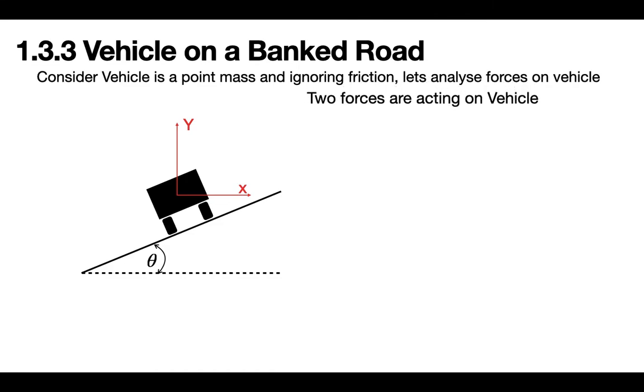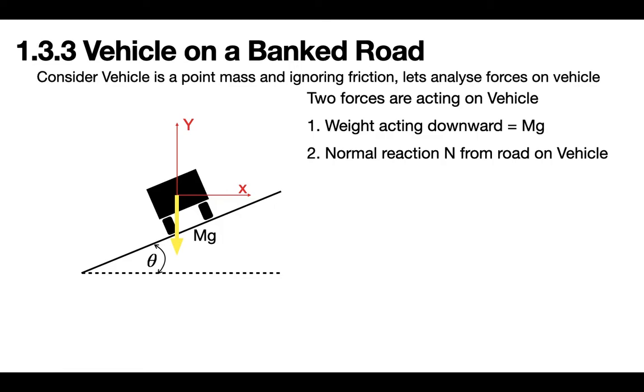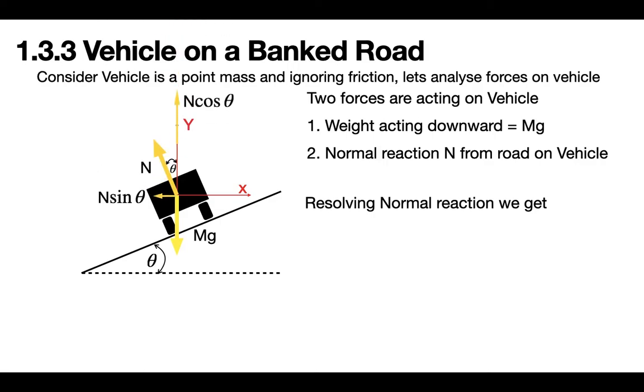So two forces are acting on the vehicle: the weight acting downward, which is mg, and the normal reaction N from the road on the vehicle, again at an angle theta to the y-axis. If you resolve the normal reaction, we get N sin theta and N cos theta.